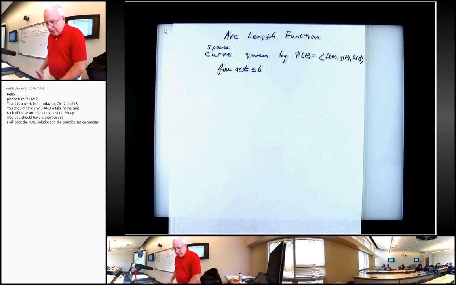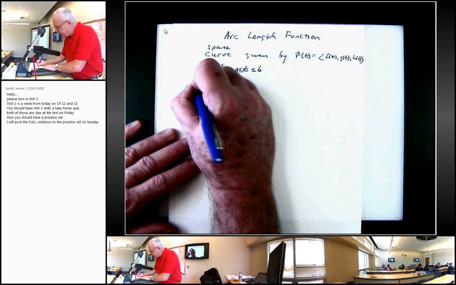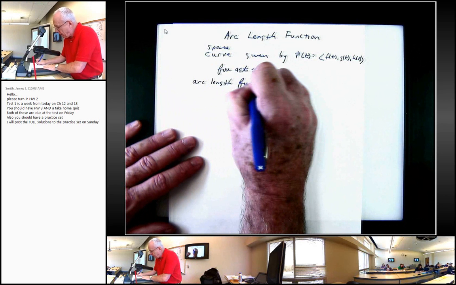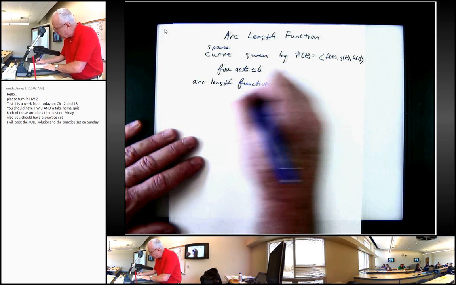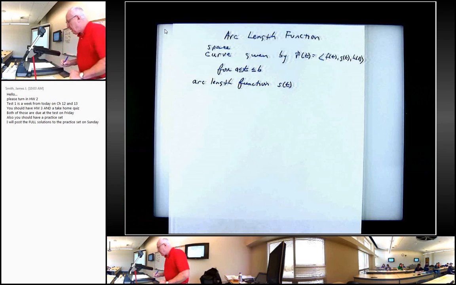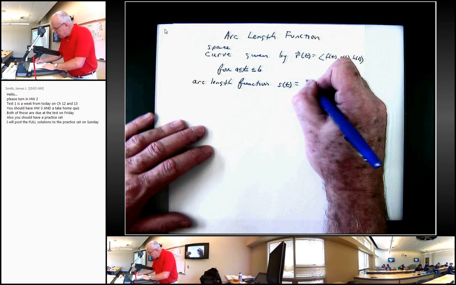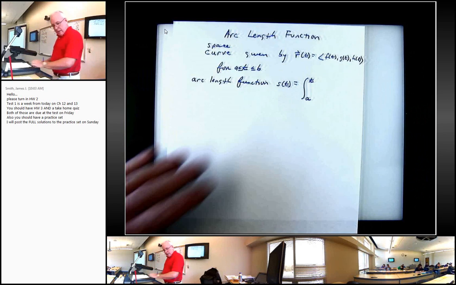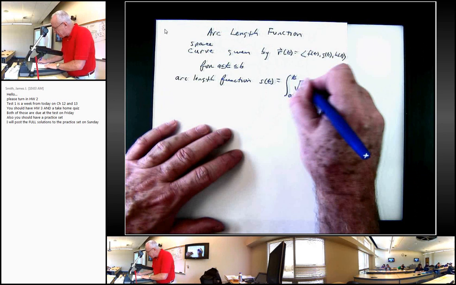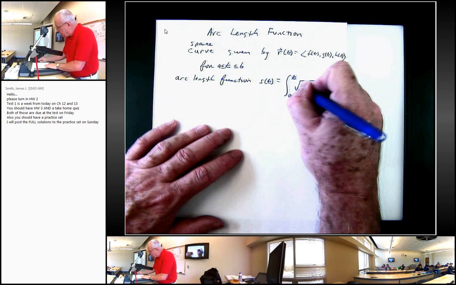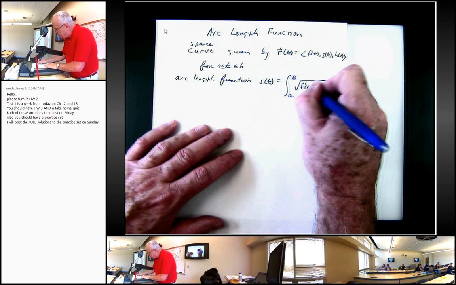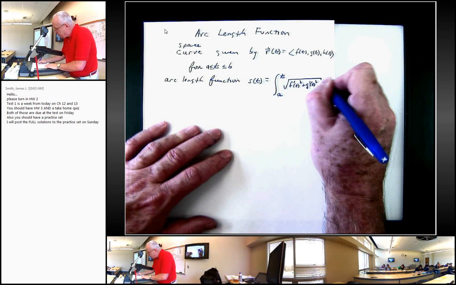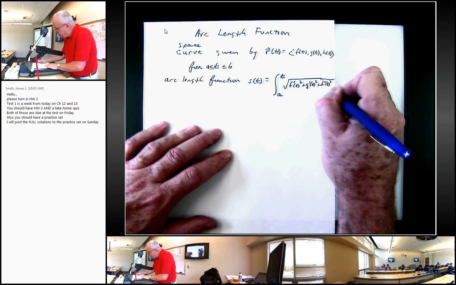All right. Then the arc length function, we can call it f of t, is equal to this. It's the integral from our initial point to some value of t of the square root of f prime squared plus g prime squared plus h prime squared dt.